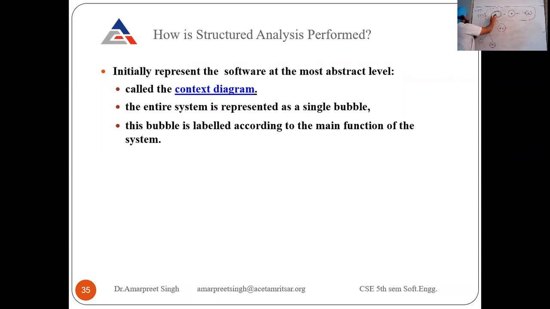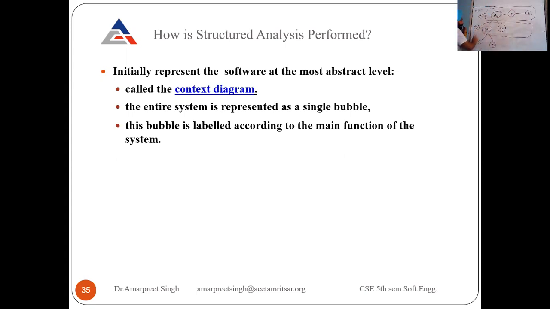Now suppose this function is further divided into sub functions like A1 and A2. Clear? So this will represent the DFD at level 1. DFD at level 0 is known as the context diagram.